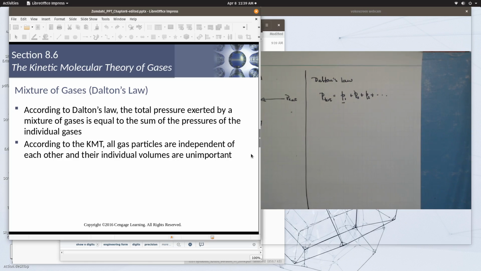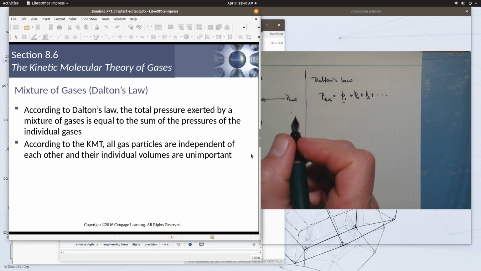Gas atom number 2 or species number 2 doesn't know about 1 or 3 or whatever else happens to be in the system, and it's moving around blithely, not knowing that there's other things in the system, and likewise. And it doesn't matter. The individual volumes are not important. It's just the sum of the partial pressures of the individual species.